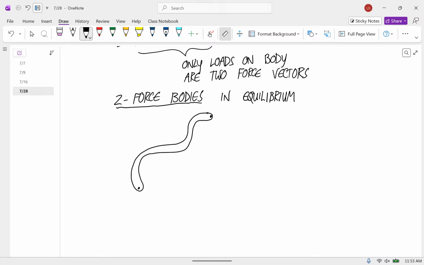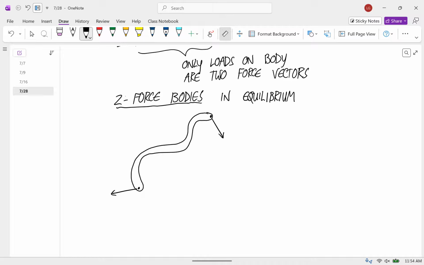But this isn't true generally. It's only true if this body is in equilibrium. Let's say you have 2 random forces like this. Those are the 2 force vectors acting on this body. Would this in general be in equilibrium?